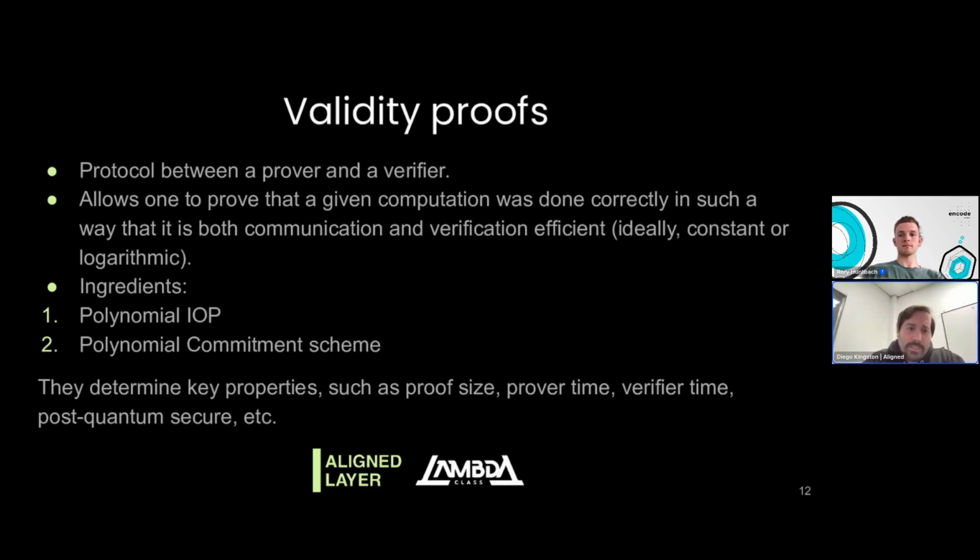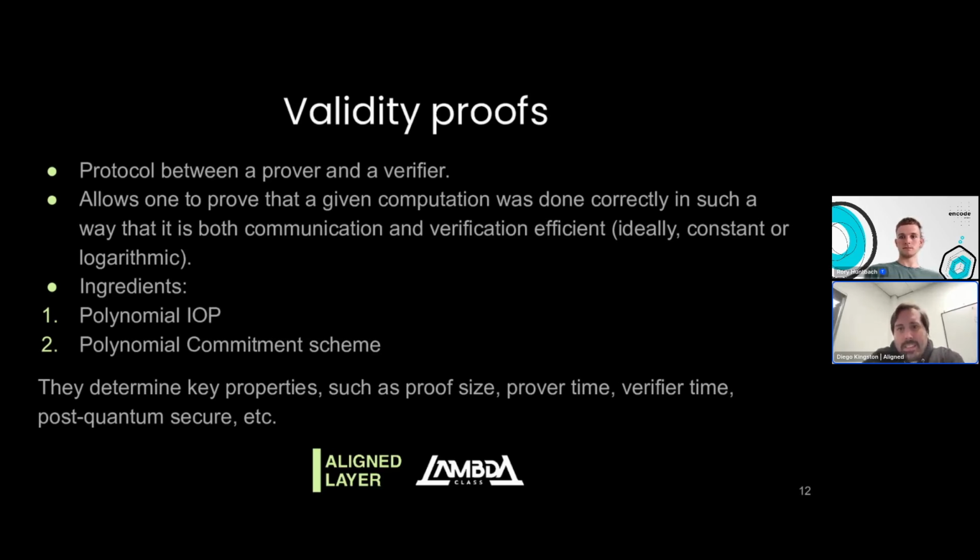Okay, and proof systems in general consist of 2 ingredients. One is what we call the polynomial interactive oracle proof, or IOP, and the other is the polynomial commitment scheme. Of course, not all are like this. You also have some that are based on PCPs, probabilistically checkable proofs, but most modern constructions are the IOP and this commitment scheme.